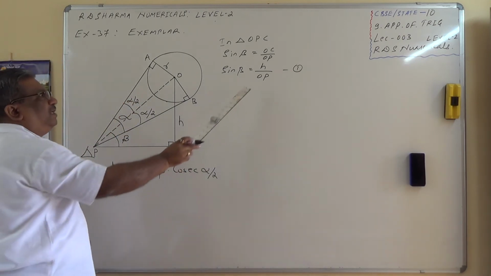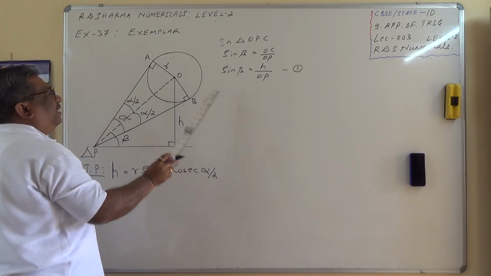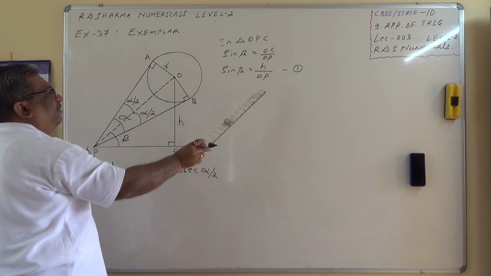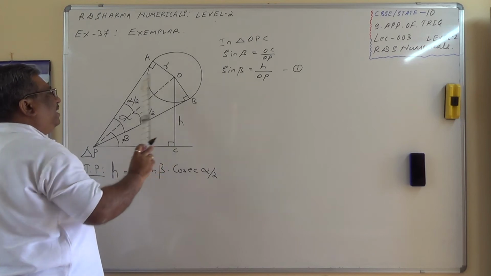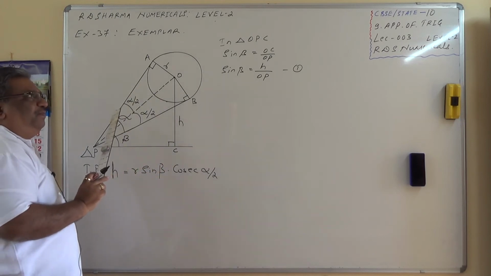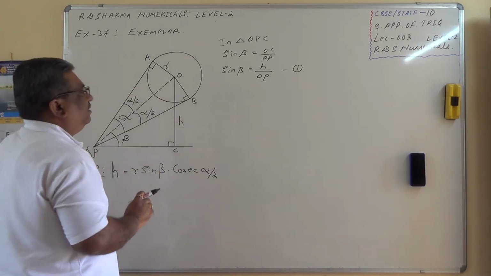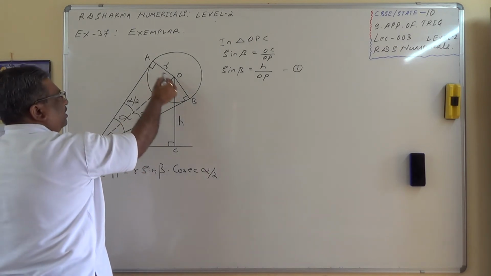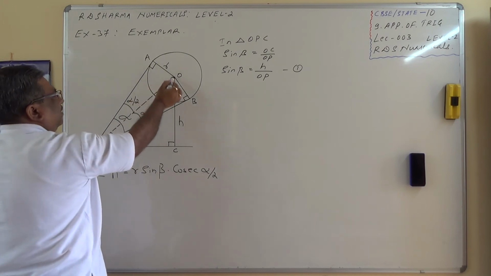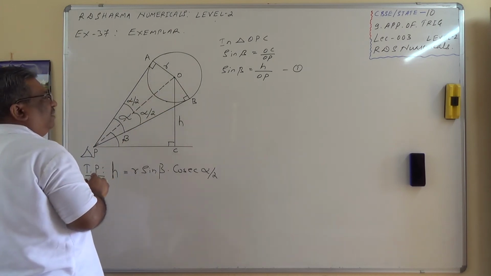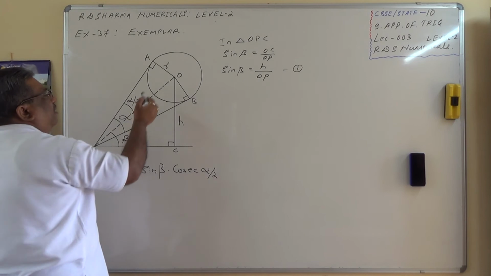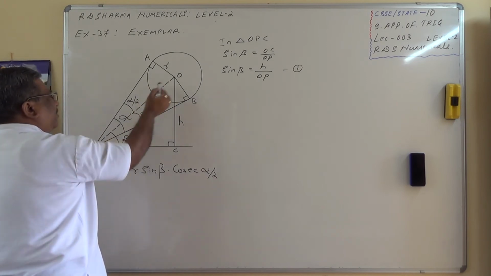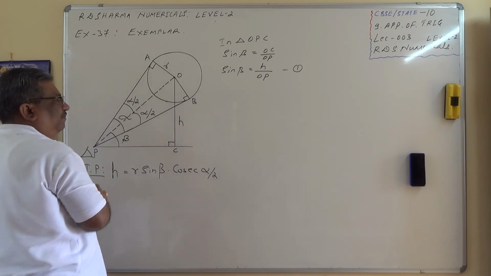Now, if I replace OP in terms of R, then H can be expressed in terms of R and sine beta, and also in terms of sine alpha by 2. So what we'll do here is, in triangle OAP, what is OP? How do you establish the relationship between OP and R?